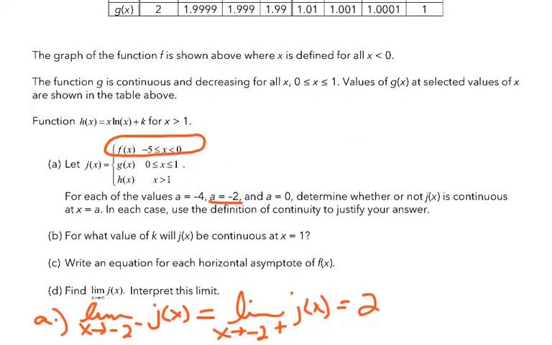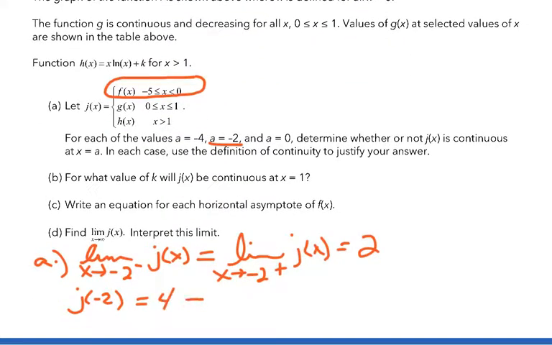Yeah, equal to 4, which is not equaling the limit as X is approaching -2 from both directions because it was the same. Therefore, J is not continuous at X equals -2.